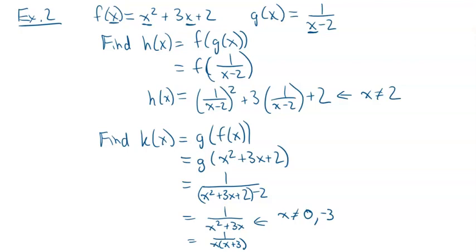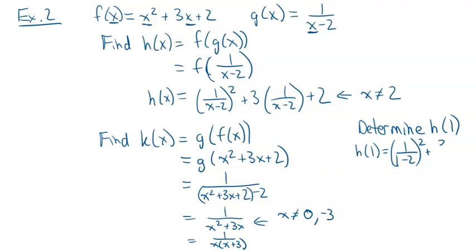The order depends. Now, if I said, let's determine, again like we did before, h of 1, that means that I'm going to substitute 1 in everywhere there's an x. So you could do that directly. So you could say h of 1 is equal to 1 over 1 minus 2 all squared plus 3 times 1 over 1 minus 2 plus 2.